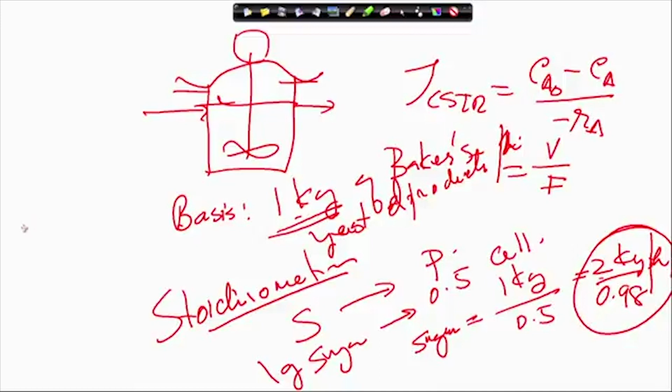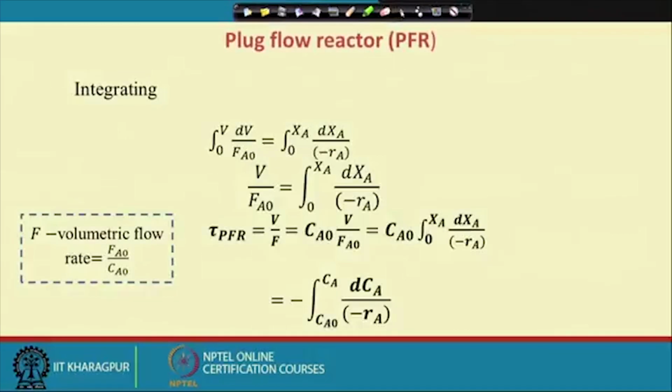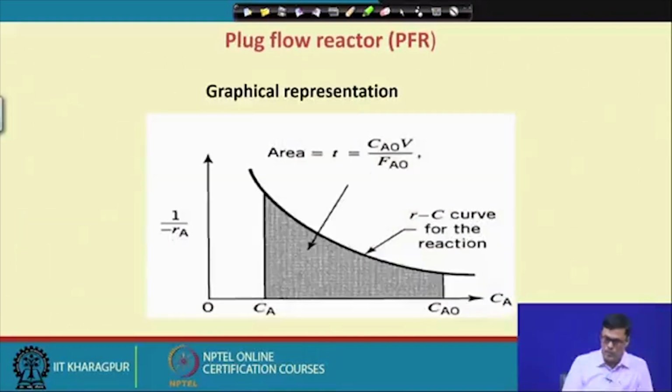Now, if you know the initial substrate concentration, you divide by it, in kg per unit volume. So kg will cancel, and volume per unit time remains, that is the flow rate. Then you can easily find out the volume of the reactor. Similarly, you can do the same thing in case of plug flow reactor. This is how you can find out the volume of the reactor.